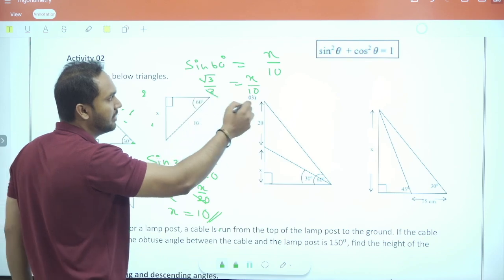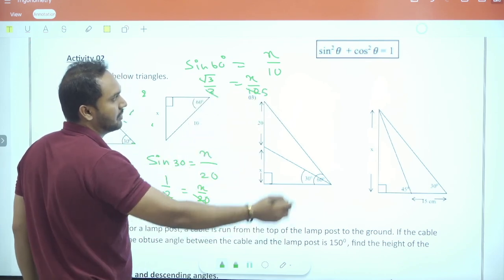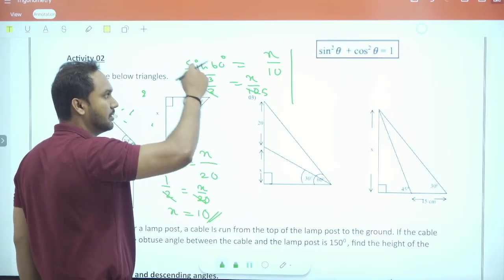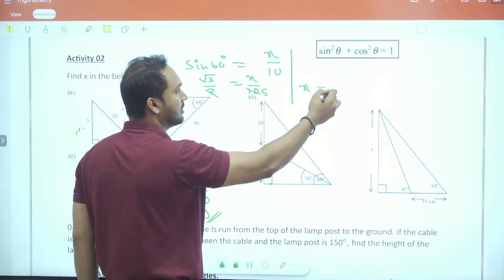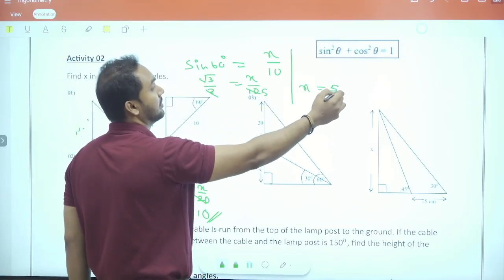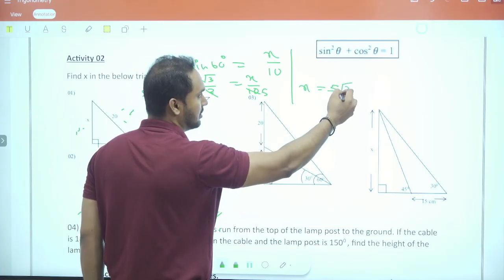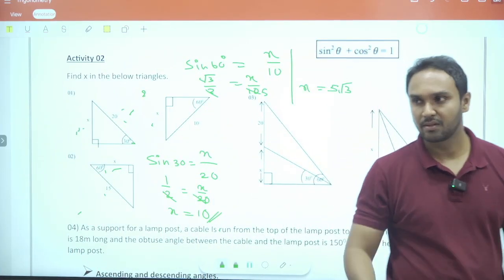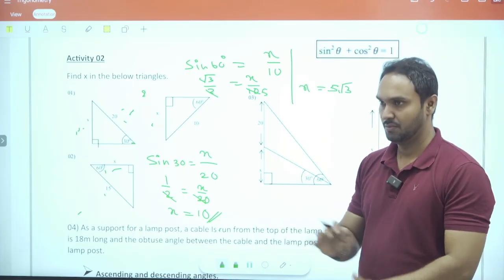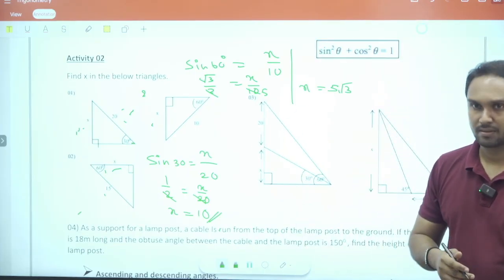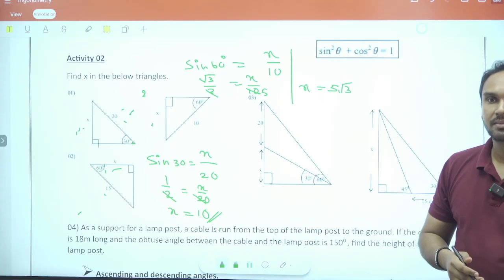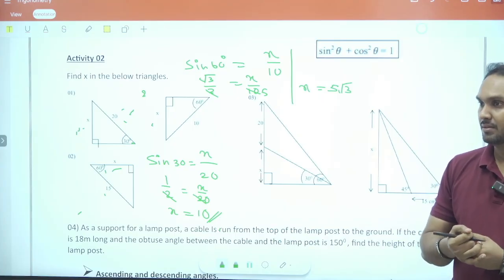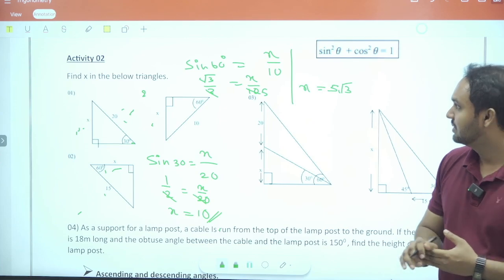So here it will be 5. Cross multiply this and you get x equals 5 root 3. Root 3 is something like 1.7, so you could multiply it to get the decimal value, but you don't have to. Keep it in surds. It's enough. Got the answer? Back row? Got it? Nice. What about this one?